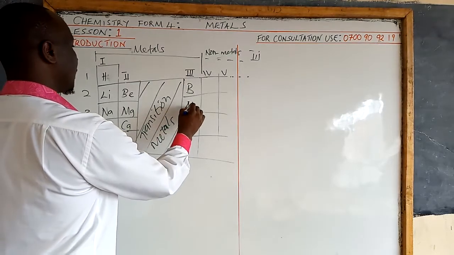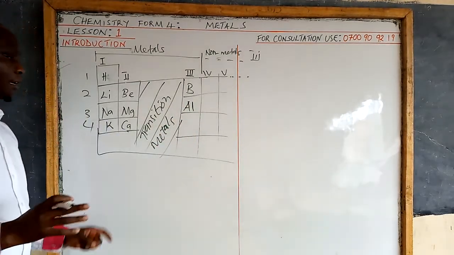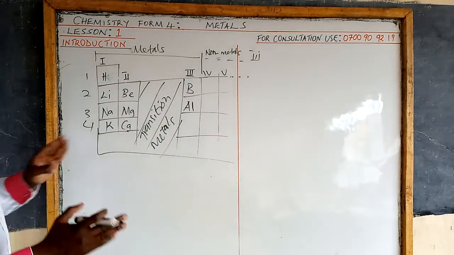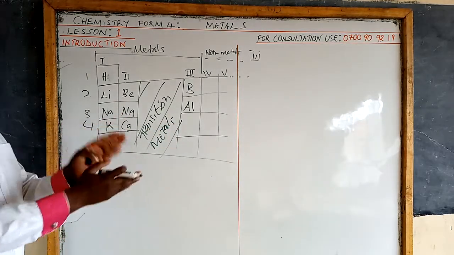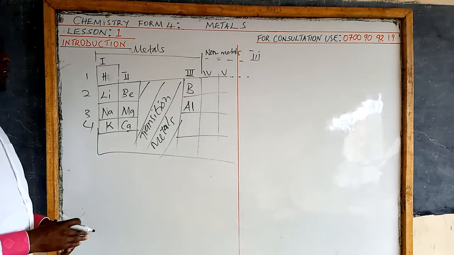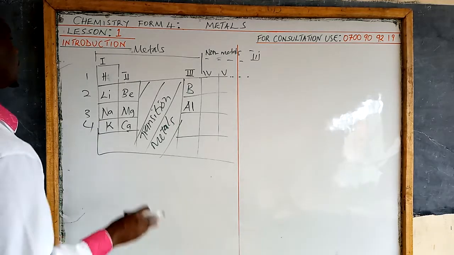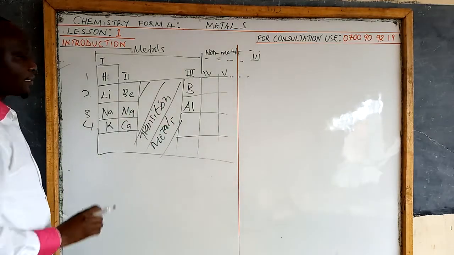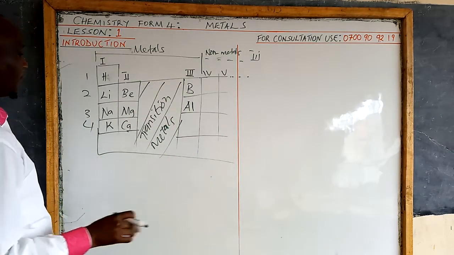For that reason, they cannot be properly put either in group 2 or group 3. So some of the metals that we are going to look at will include metals from this region, the transition elements or the transition metals.